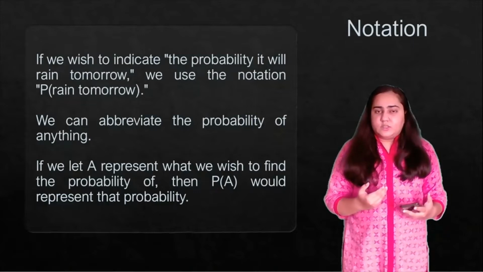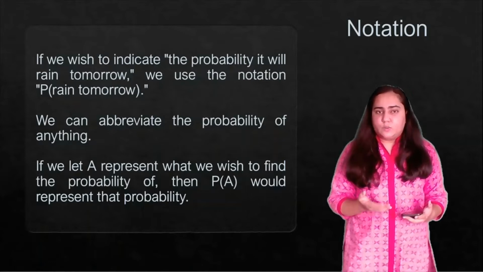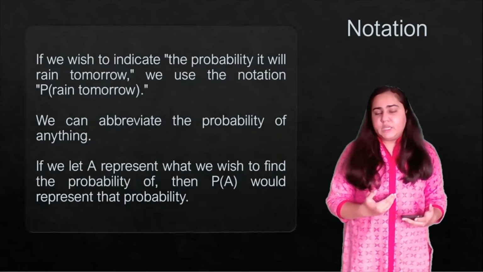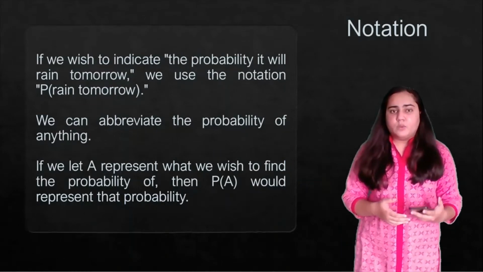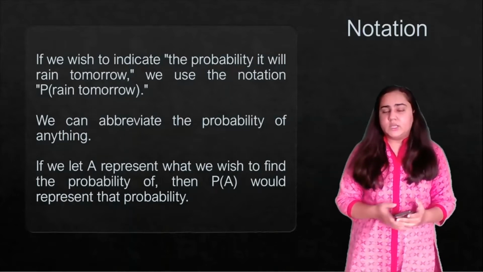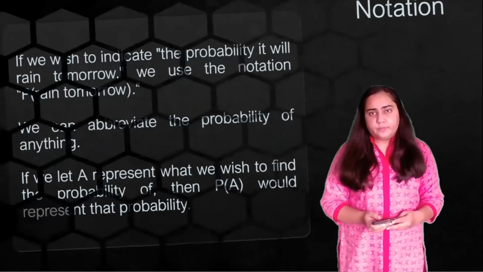You can also decide on an event A. If you let A represent what you wish to find the probability of, then P(A) would represent that probability. So this is a very simple notation of probability.